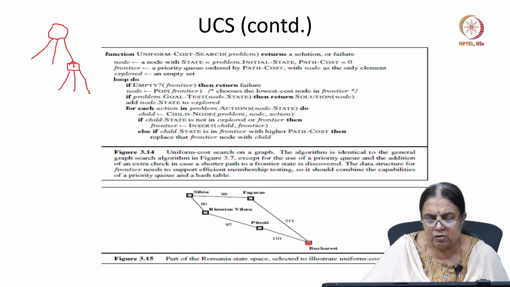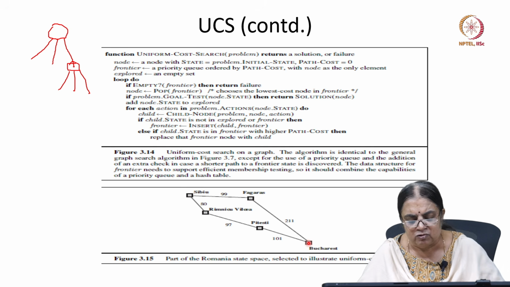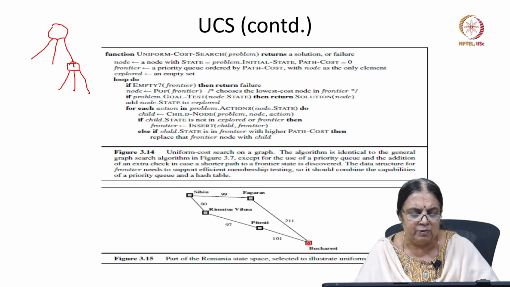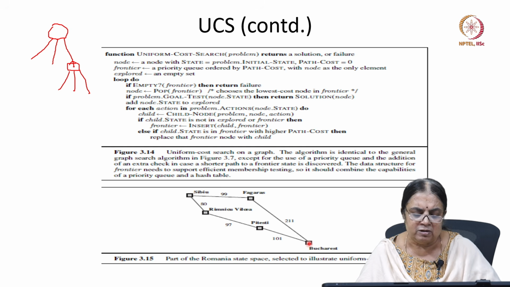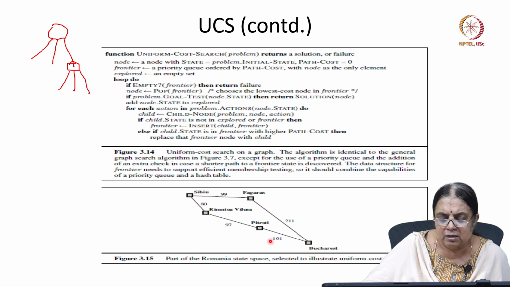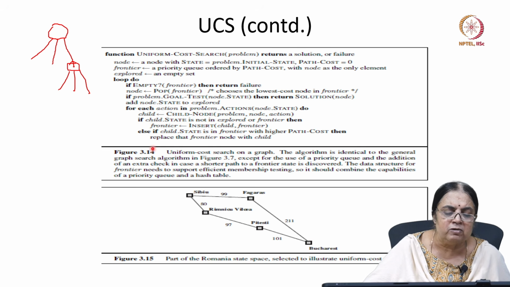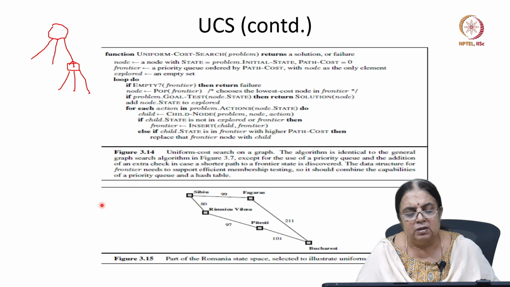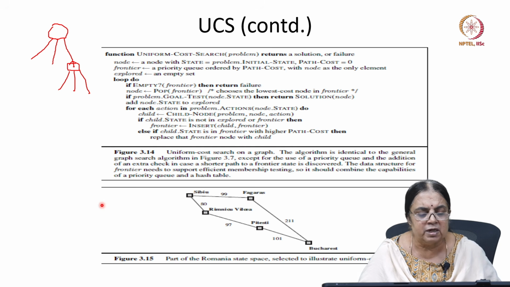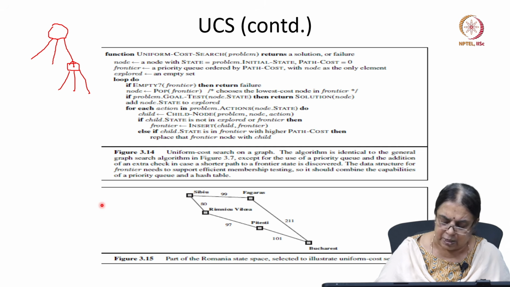But you are not going to stop there, because it's only when you choose it for expansion that you can say it is the goal state. So you expand this one, and when you again come to Bucharest, you find this has a smaller value than that. So you are going to choose this path instead of that path, even though that path was found before this path. That's the reason why you check the path cost, and check whether it's a goal state when you choose it for expansion.